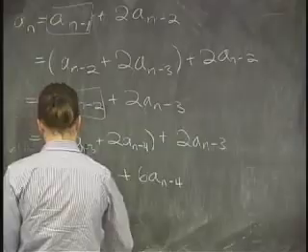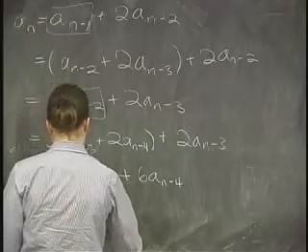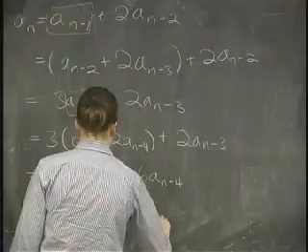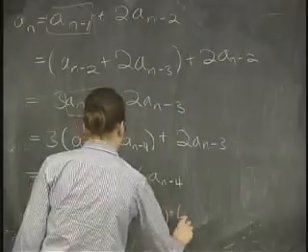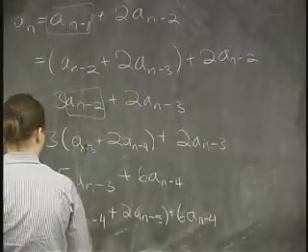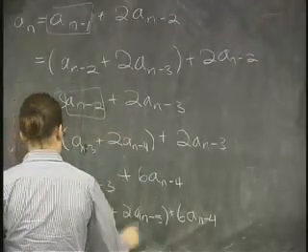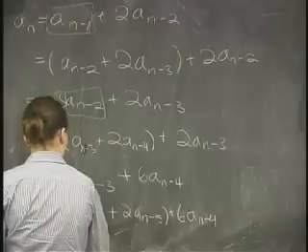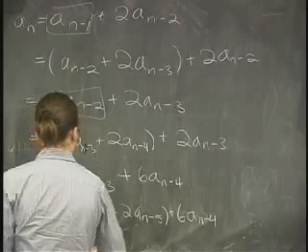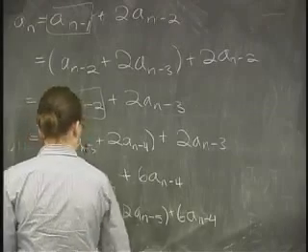5 times a_{n-4} plus 2a_{n-5}, plus 6a_{n-4}. Well, what I get is, let's see, 11a_{n-4}. That doesn't seem quite right.